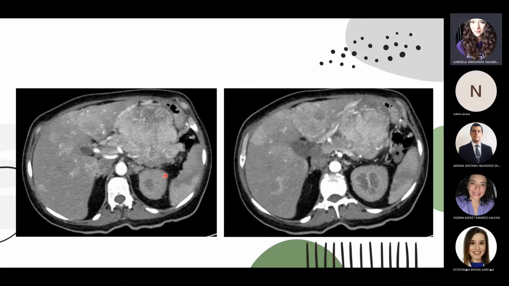The same findings we can see here in these images with this large, heterogeneous mass.